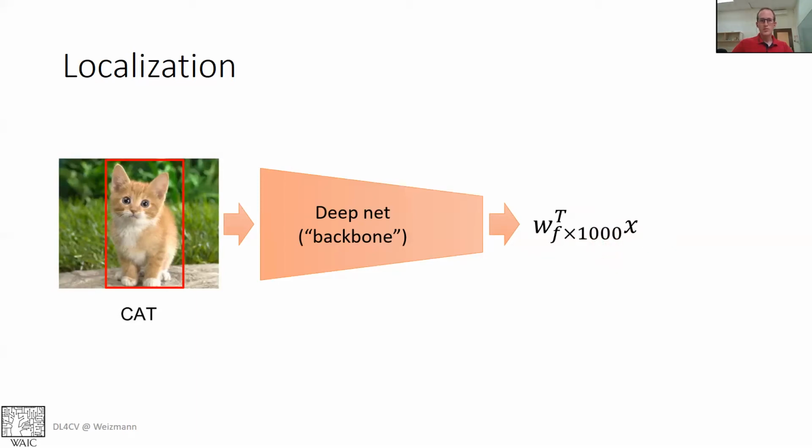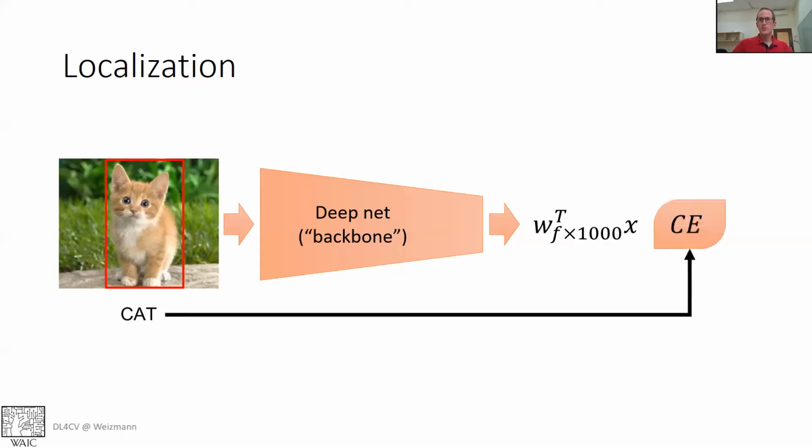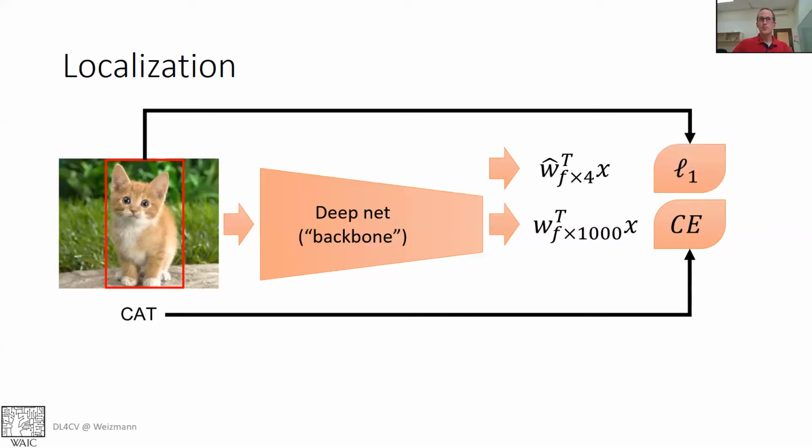Now, what we can do is use the same feature vector X, which is the latent representation learned by this backbone, and we apply another layer from this feature space into 4 coordinates, which are the corners of the bounding box. And we are going to train this class prediction with cross entropy loss, and these continuous bounding box corners with L1 regression.